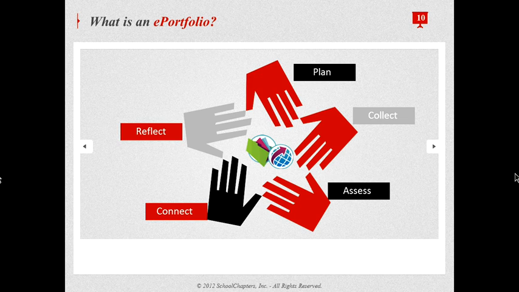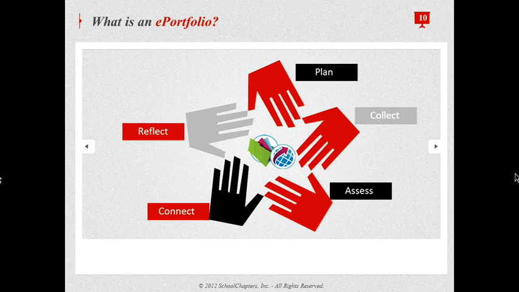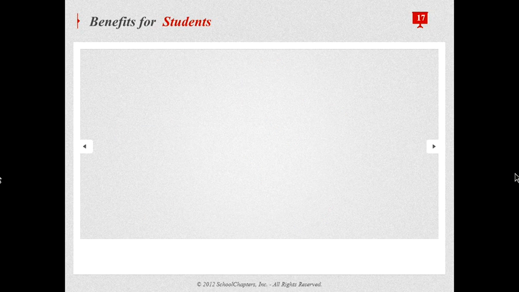And we felt it also connected them to our program. But then we learned after the fact that they were using their portfolios to connect to others and to connect into a job market. We had a lot of discussion in our department about the purpose of our ePortfolio, and I hope this slide reflects all the components that we faced and we discussed.